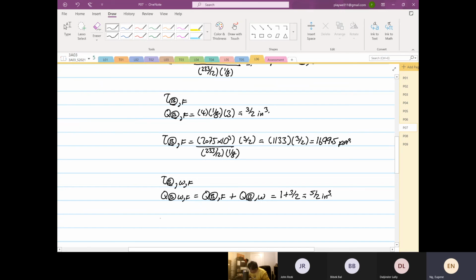Okay, so therefore the shear stress at point B with the width of web and flange is equal to 1133 multiplied by 5/2, right? Why 1133? Because 1133 is this value they have calculated, okay?